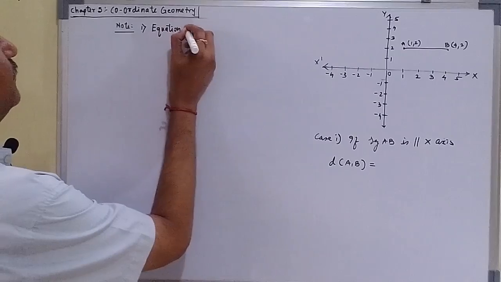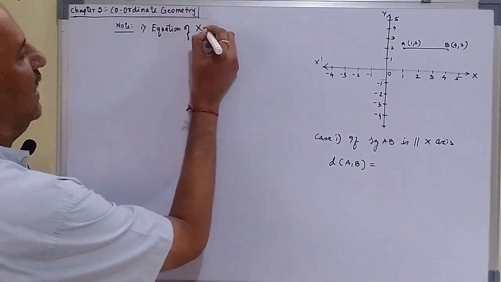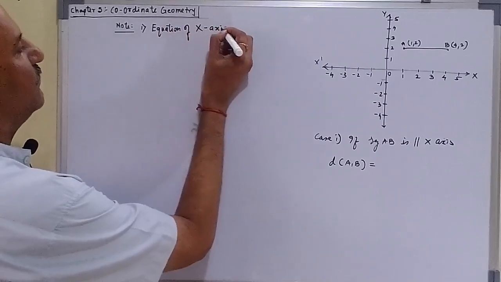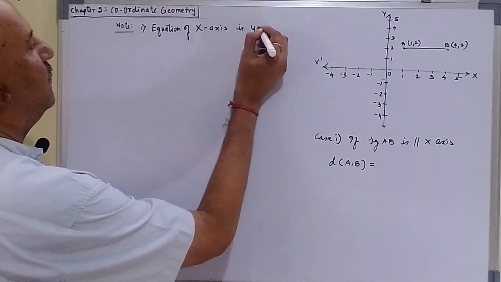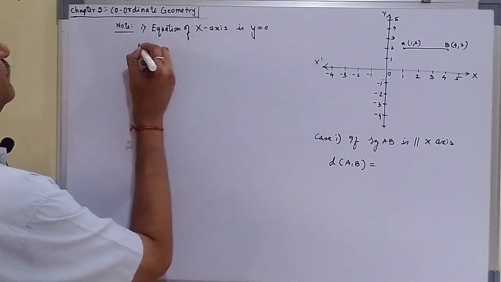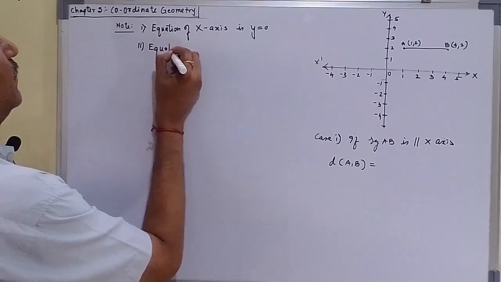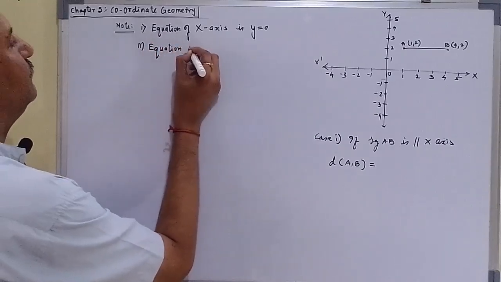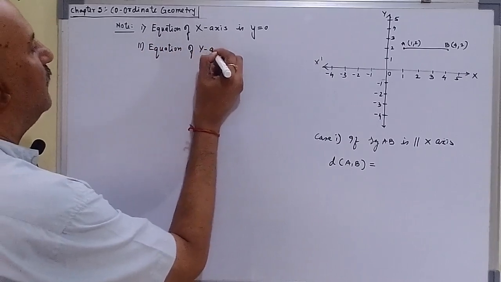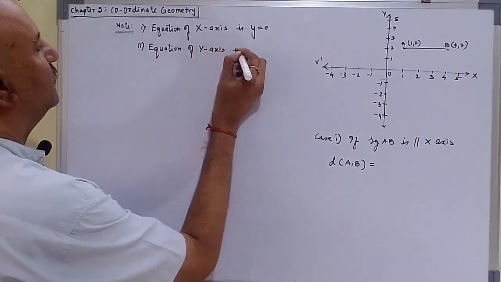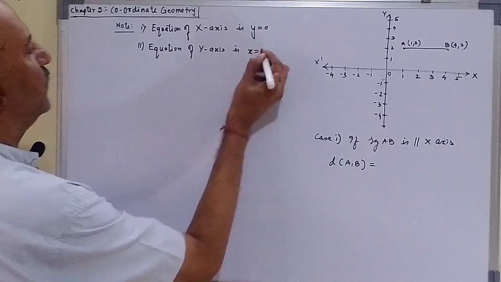The equation of the x-axis is y equal to 0. The equation of the y-axis is x equal to 0.